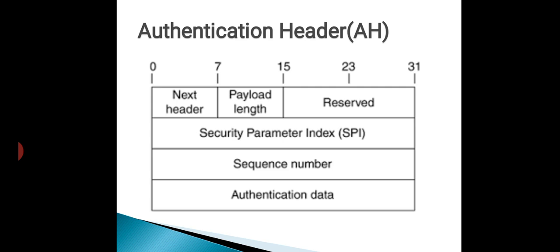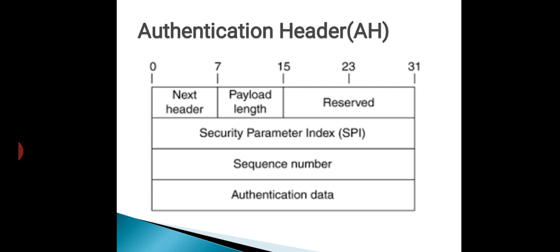Authentication header is based on the MAC protocol, that is, two communicating parties must share a secret key. This is the AH header format. Now we see it block by block.